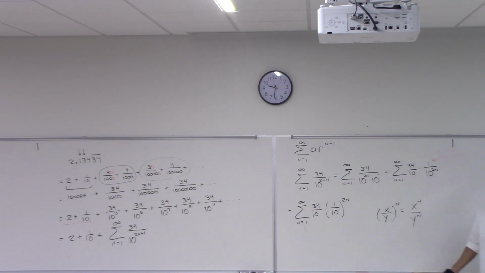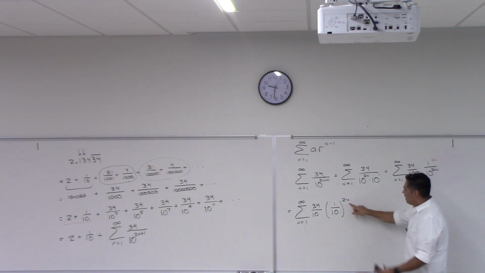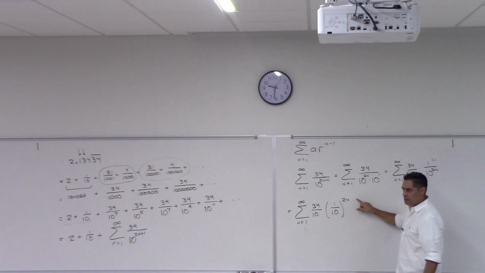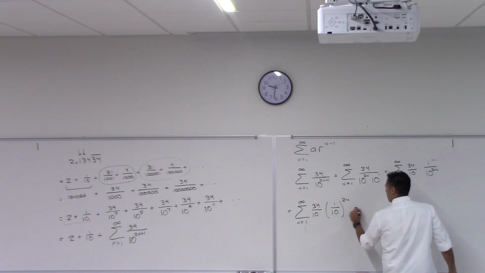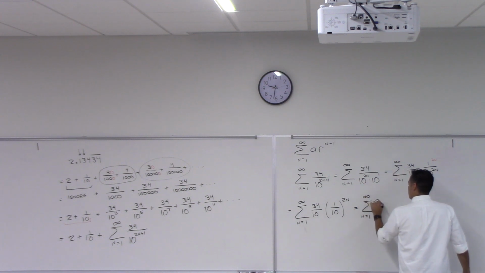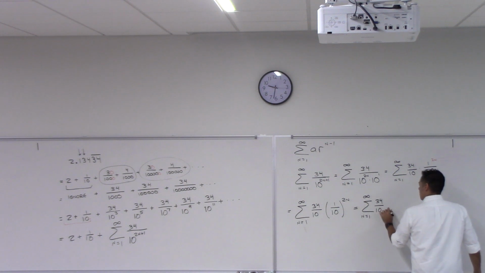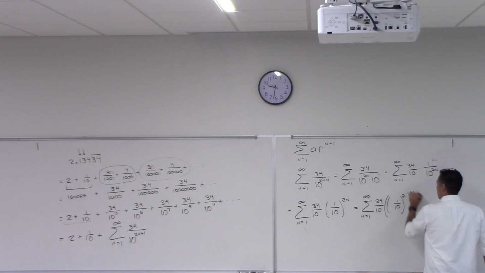Still clear? One more step before we can, because I want to make this a minus 1 right here, right? N minus 1? Right now it's 2n. So I can't work with that. So I'm going to do this. 34 over 10. I'm going to rewrite this as 1/10 to the 2 to the n.